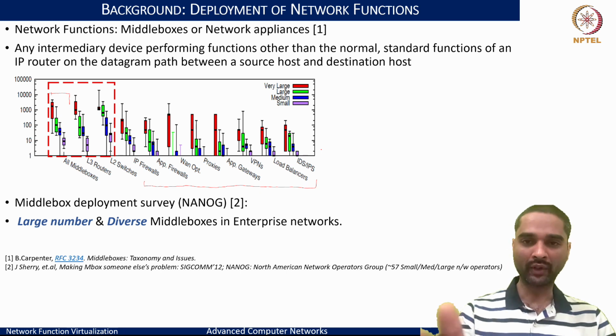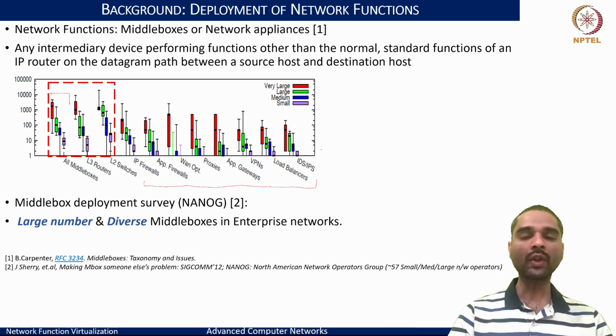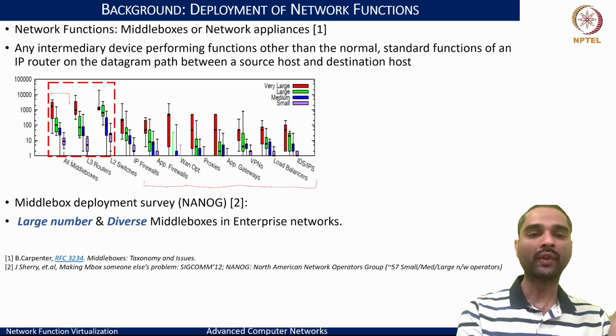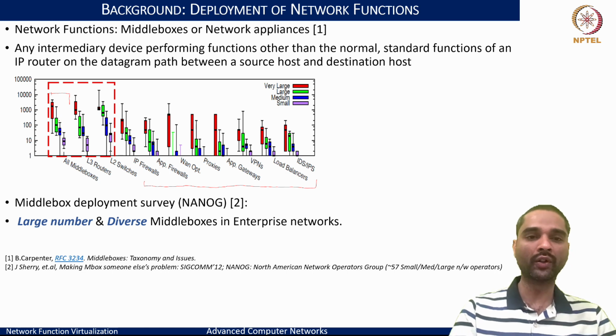And with these distributions of the way the networks were defined, if we look across all of these networks, we see that the number of middle boxes, often in very small ones, is much more than the L3 routers.